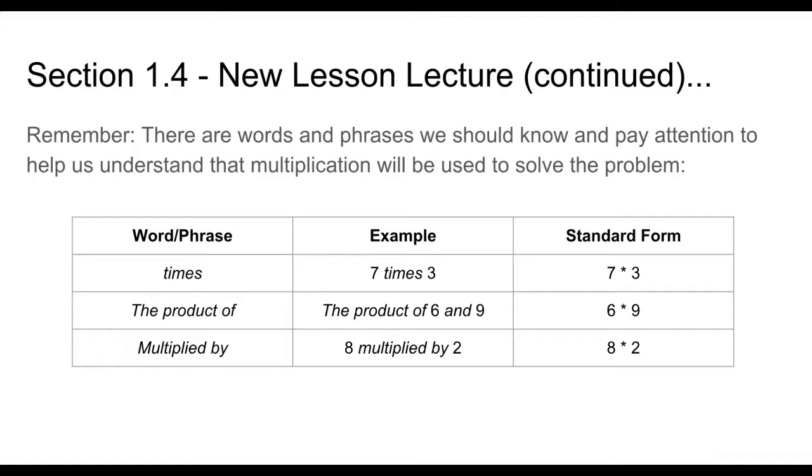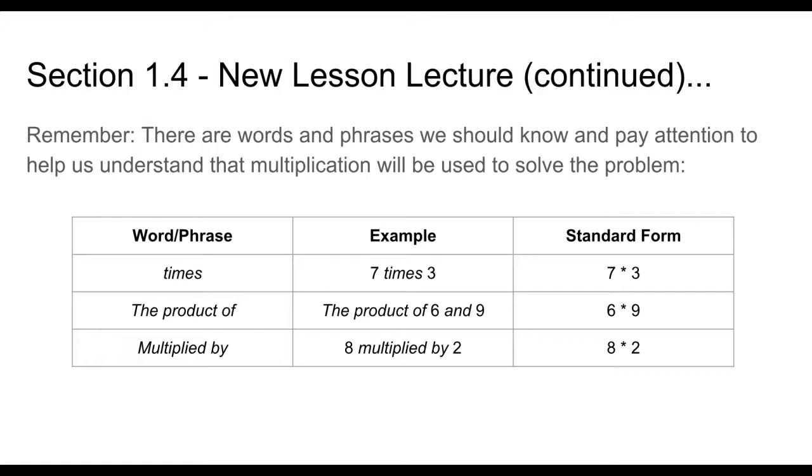For an example, if you read the word times somewhere within the application problem, that's a tip-off that you're going to be using multiplication as an operation somewhere in the problem. For example, 7 times 3, and then writing that in standard form. The reason, Peter, why I'm using an asterisk is that for a computer, that's another form of multiplication.